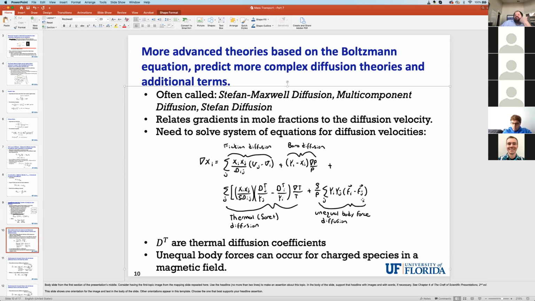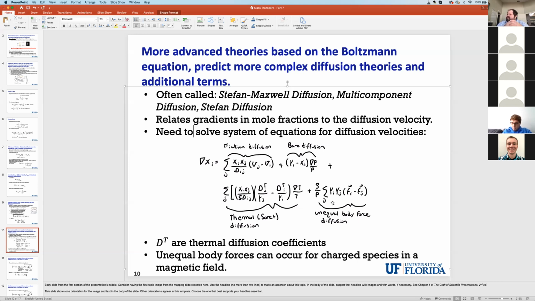But if you have a plasma, you could have some species that are charged and some that are not charged. The charged species could be subjected to, say, a magnetic field, while the uncharged species are not affected by the magnetic field.